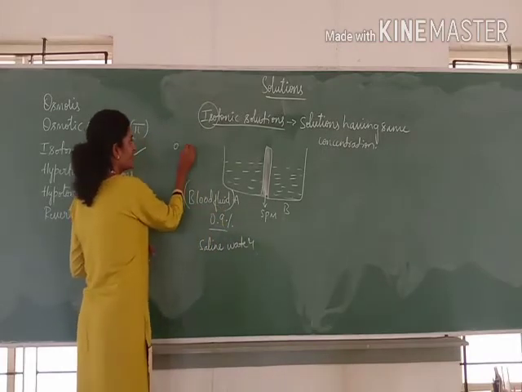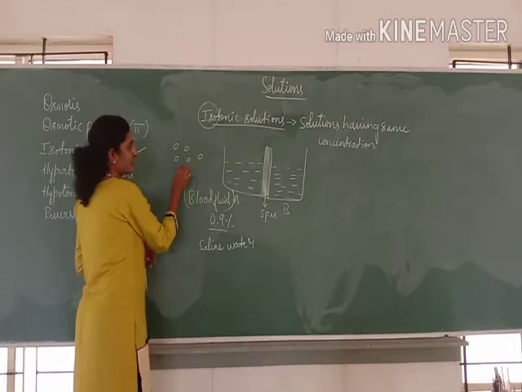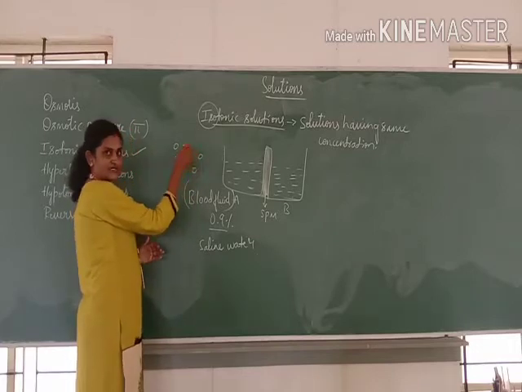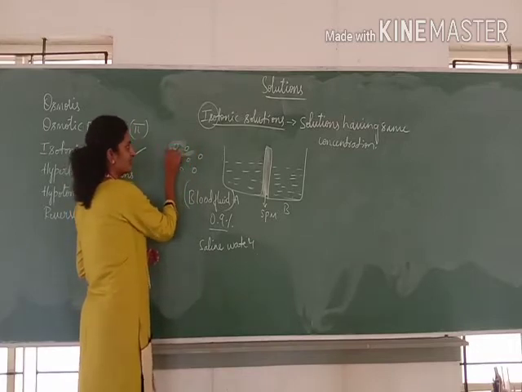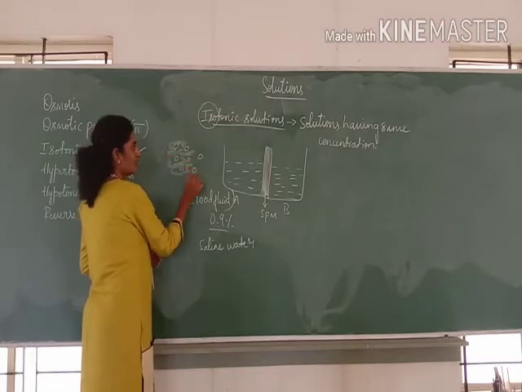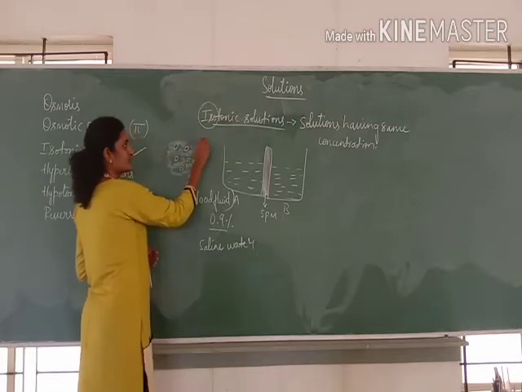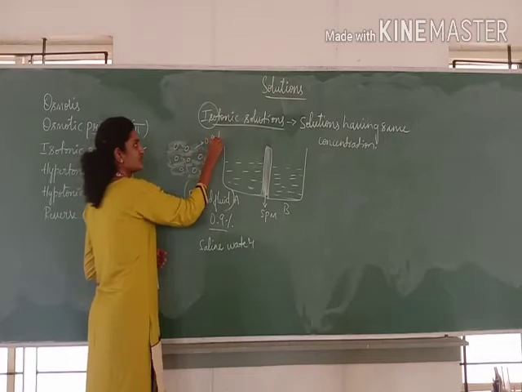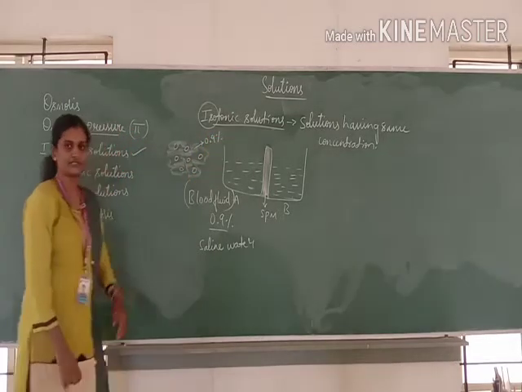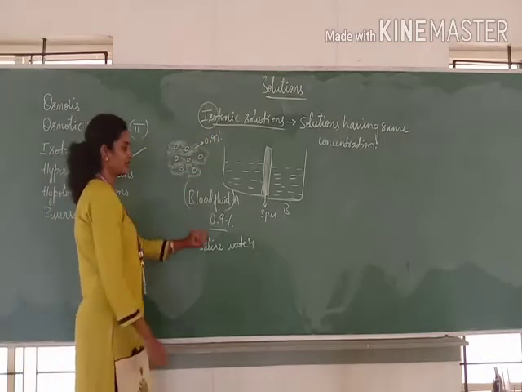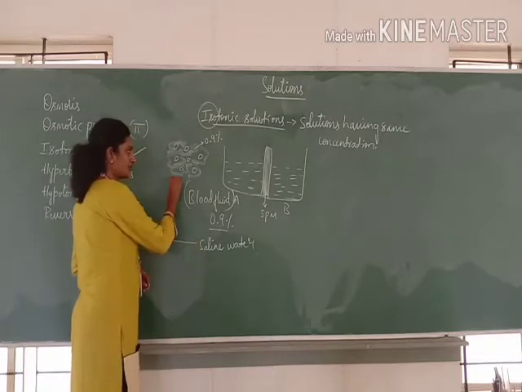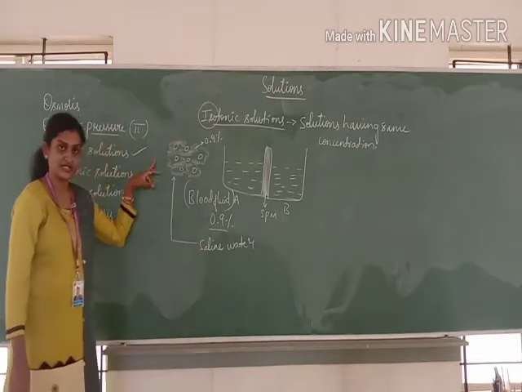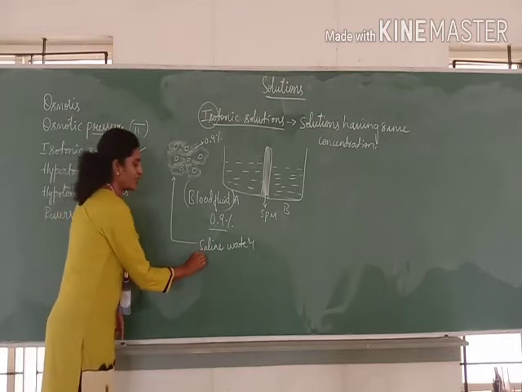If the blood cells are present like this, around these blood cells the fluid will be present like this. Imagine like this. This fluid's saline concentration is 0.9%, and the saline which is supplied to the patient from outside should also be 0.9%.